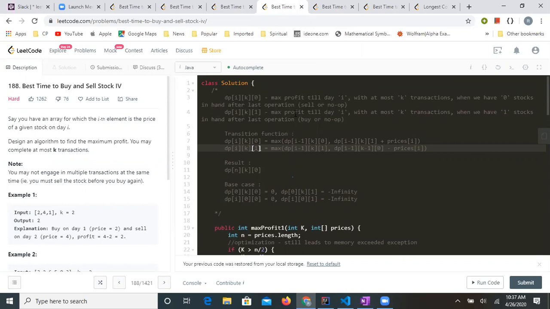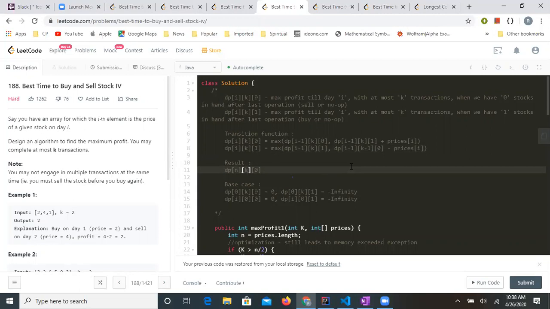We already covered everything. We wrote the same equation, and the only thing we can say is, let's put K here, because I want to get the profit after K transactions when I have 0 stocks.